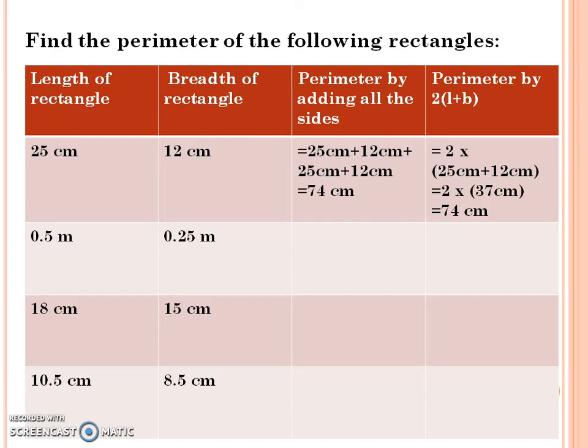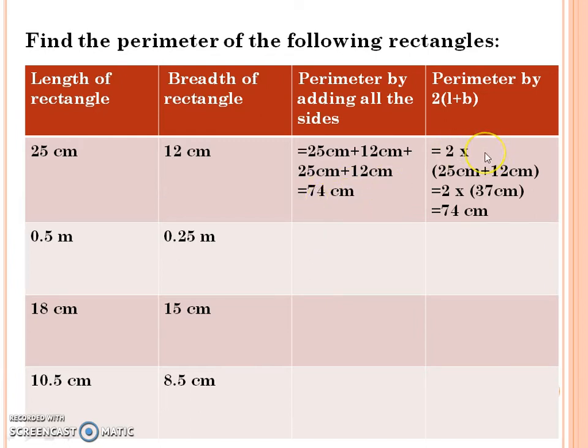First I have already solved for you. Perimeter by adding all the sides: 25 centimeter plus 12 centimeter plus 25 centimeter plus 12 centimeter, you get 74 centimeter.